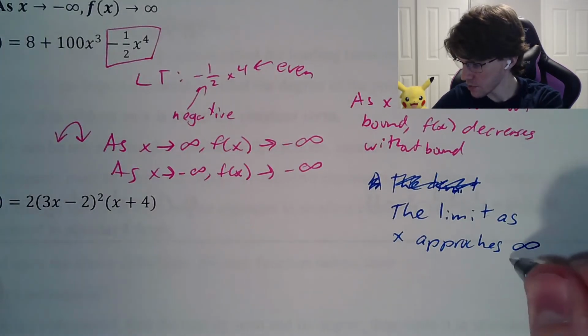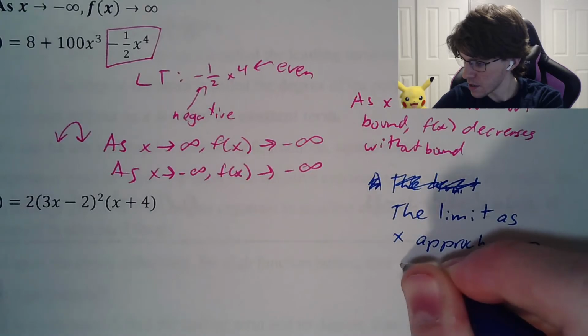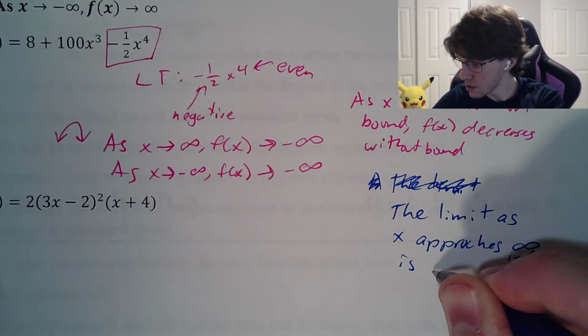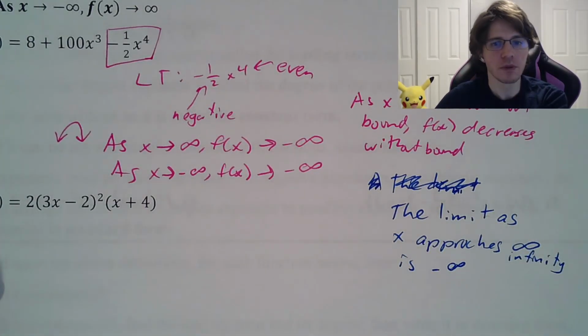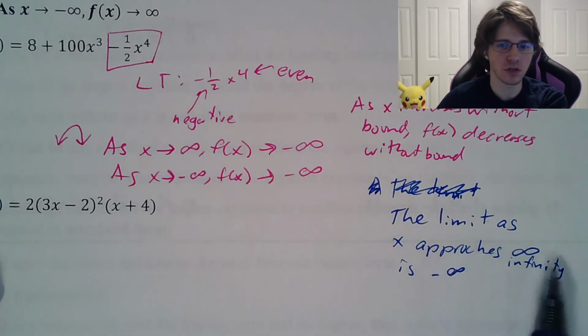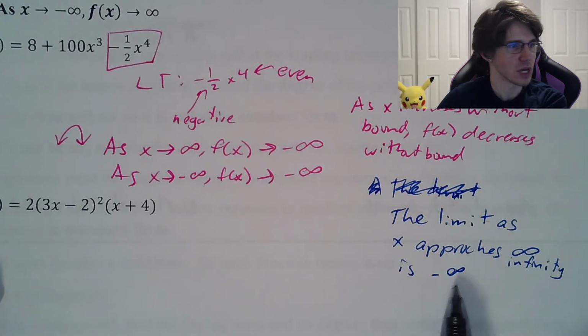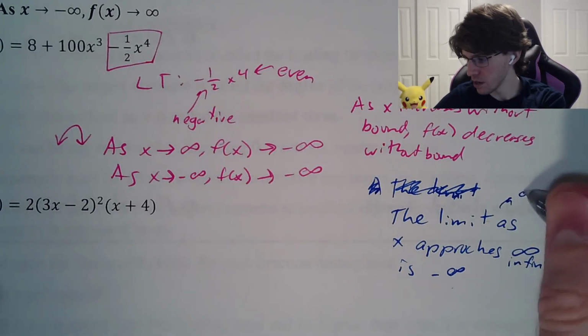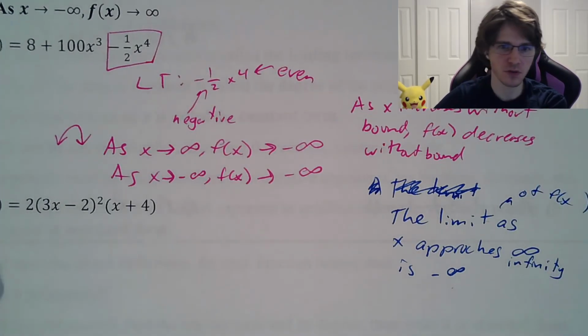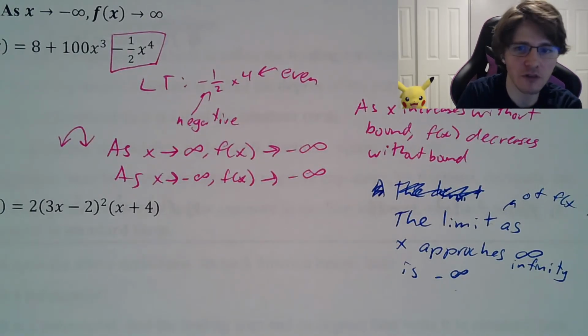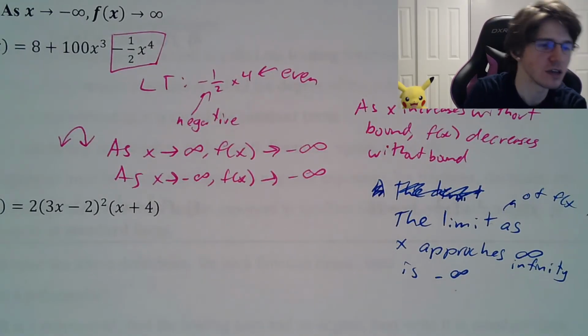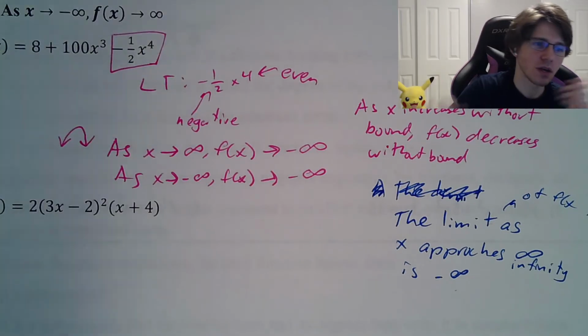I guess you could actually write out the word infinity. Is negative infinity. But the idea is as x goes to the right, f of x goes down. By the way, I got ahead of myself, too excited about the problem. You'd say the limit of f of x as x approaches infinity is negative infinity. Just another way of saying it.